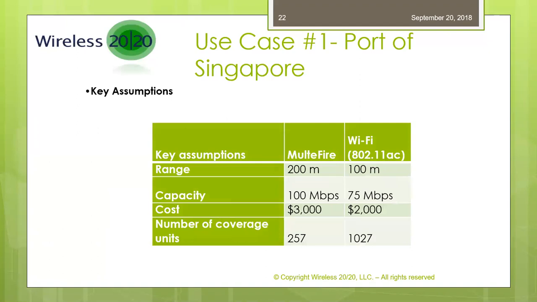In this particular case, we wanted to compare MulteFire to a Wi-Fi deployment. For the kind of equipment we would have to deploy, we've made some assumptions around the range that we could deploy, again taking into account the obstacles and the interference that we might encounter.